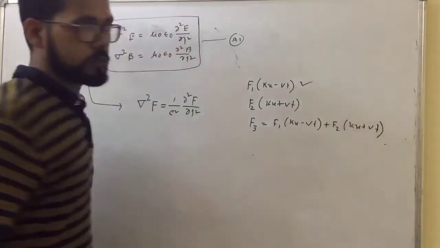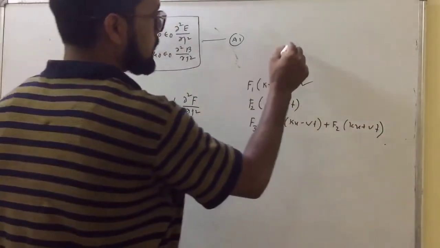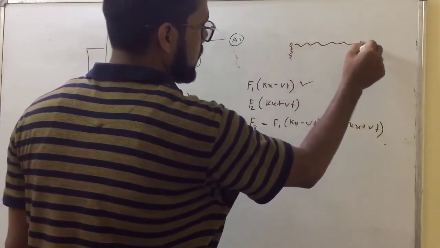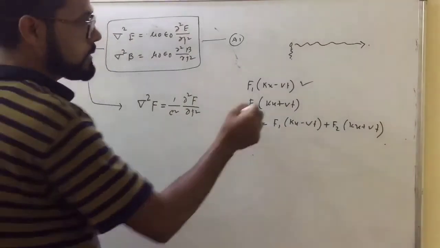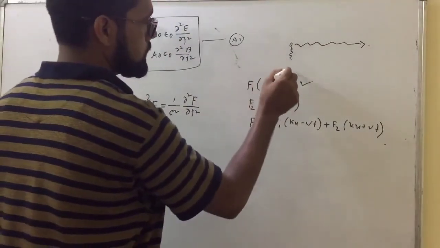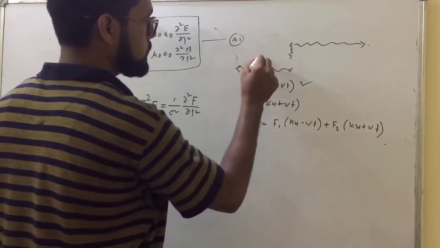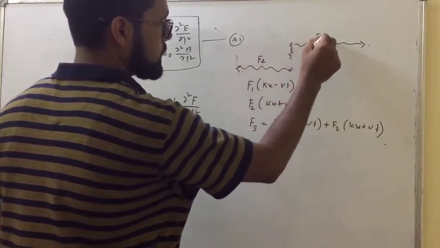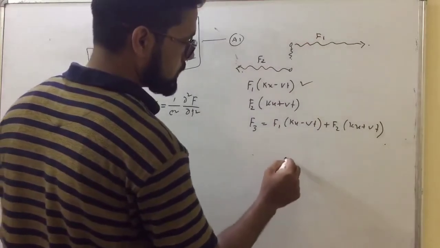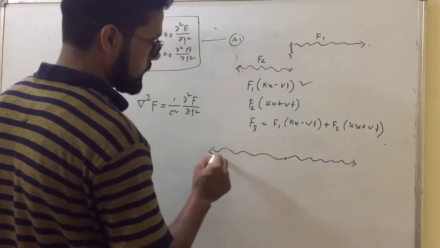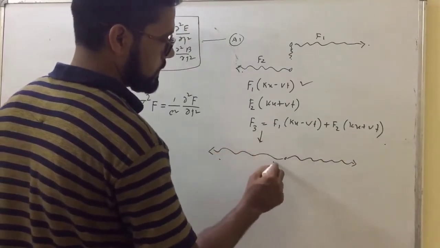This is also a solution. This represents an electromagnetic wave. Suppose this is a source of electromagnetic wave propagating along the x-axis. This is F1, propagating along this direction, and F2 propagating along the opposite direction.